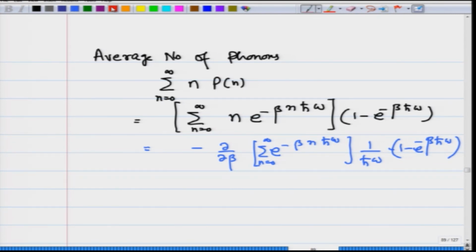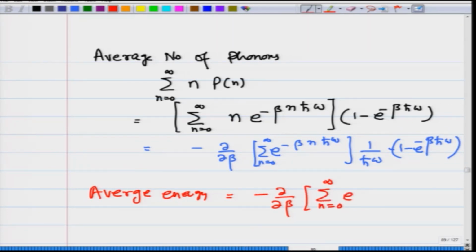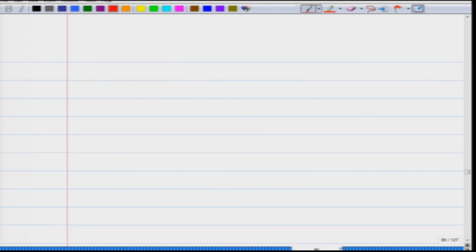You can also write the average energy, then I do not have to divide by this h cross omega, and it will be minus d by d beta of the summation over n equals 0 to infinity of e raised to minus beta n h cross omega times 1 minus e raised to minus beta h cross omega. This is a very easy calculation to do. So, let me just do it for the average energy.